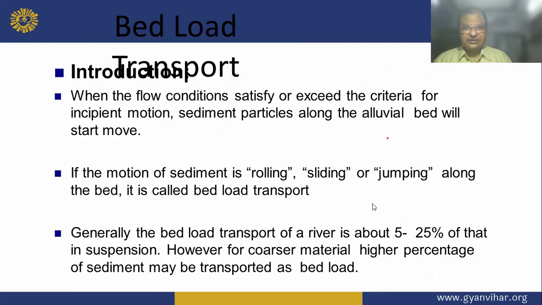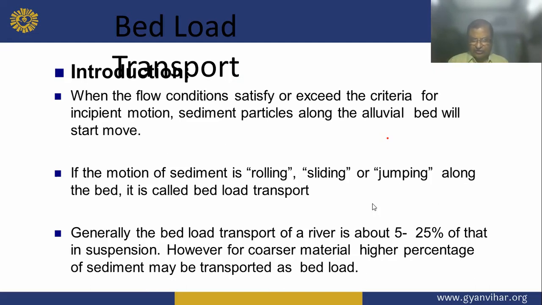Now bed load transport. How does bed load transport occur? When the flow condition exceeds the criteria for incipient motion, sediment particles along the alluvial bed will start to move. The motion of sediment by rolling, sliding, or jumping along the bed is called bed load transport.